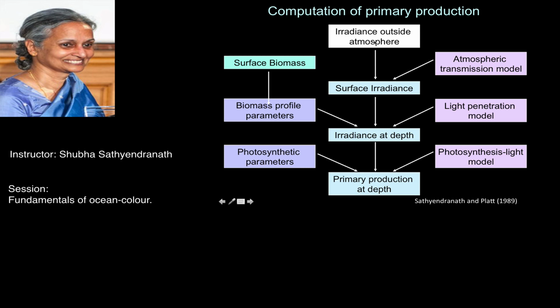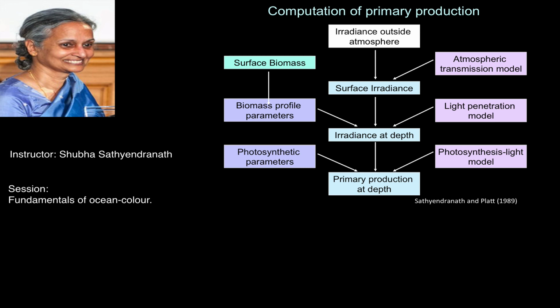You need at least the light reaching the Earth, but outside, at the top of the atmosphere. Then, if that is all you have, you need an atmospheric transmission model to compute the light at the sea surface. These days, you can get light at the sea surface in the photosynthetically active range also as a satellite product.